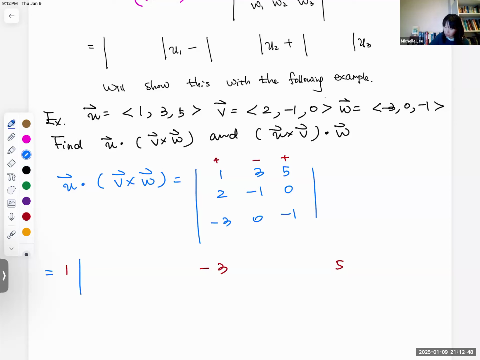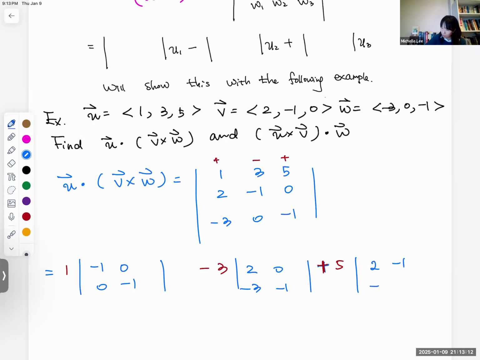Factoring out 1 leaves negative 1, 0, 0, negative 1. Factoring out negative 3 leaves 2, 0, negative 3, negative 1. Factoring out positive 5 leaves 2, negative 1, negative 3, 0.